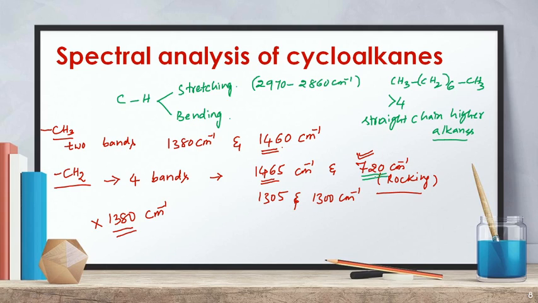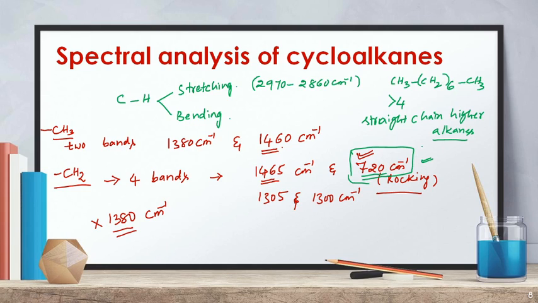So this is the identification for higher alkanes. By seeing the picture, by seeing the absorption peak at 720 cm⁻¹, you can give the information that yes, the alkane is a higher alkane.